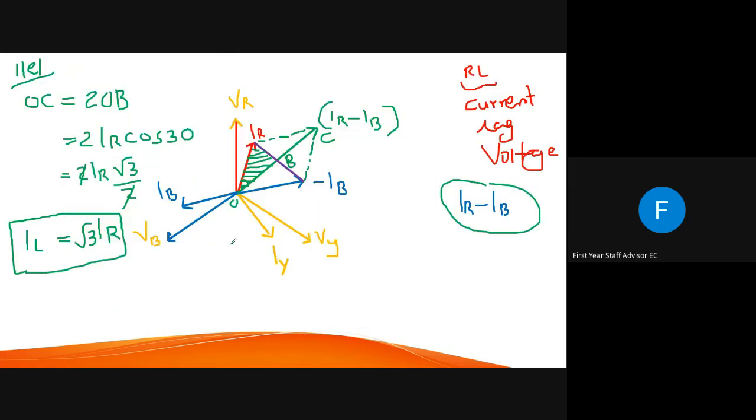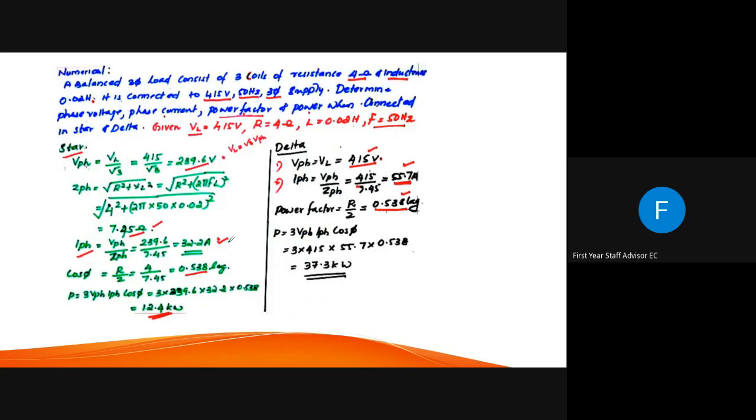Okay, we will do one numeric. You just note it down. The question is a balanced three-phase load. A balanced three-phase load consists of 3 coils of resistance 4 ohm and inductance 0.02 Henry.